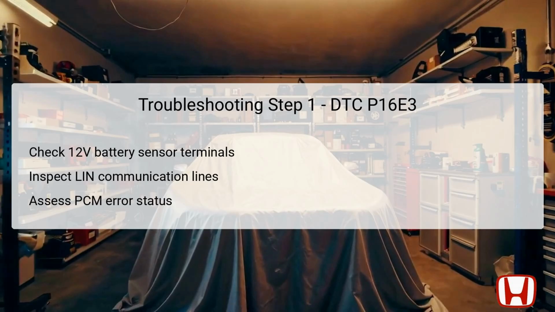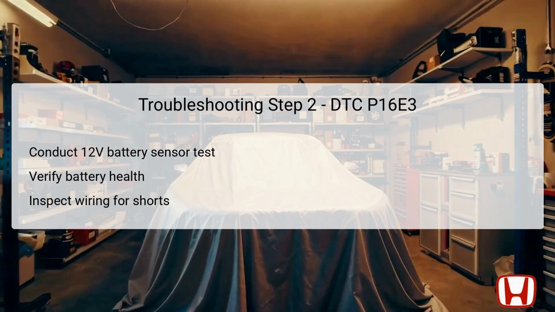and easy to remedy. Following the preliminary checks, the next step involves conducting a test on the 12-volt battery sensor. This sensor is pivotal for communicating battery status back to the PCM, and any failures here could directly contribute to DTC P16E3. After confirming that the sensor is working, verify the health of the battery itself.